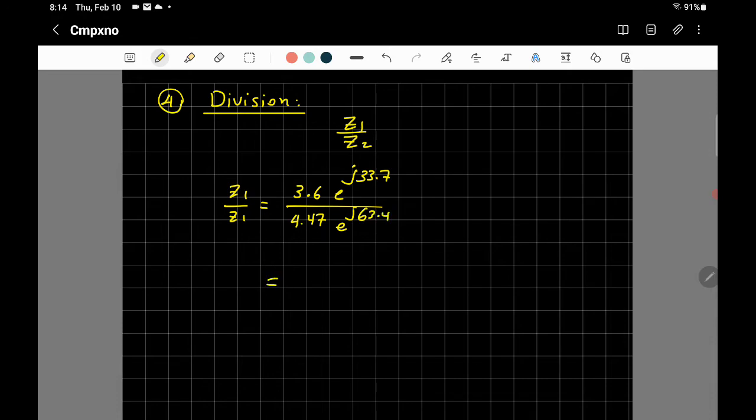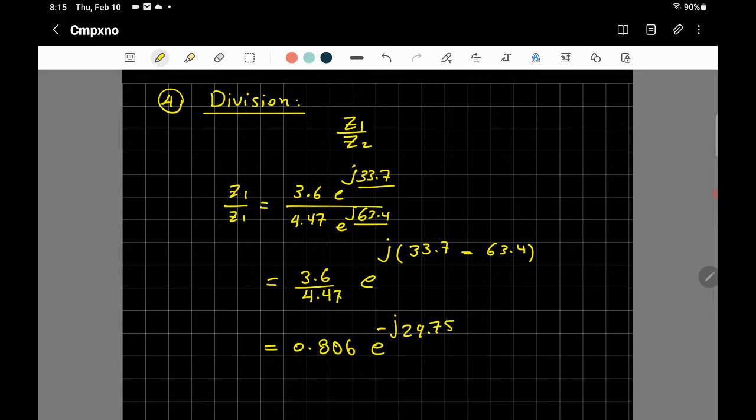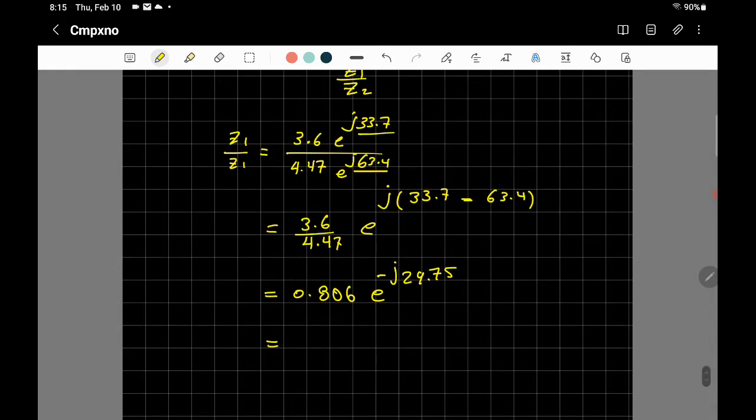So when you divide, the magnitude of each, 3.6 divided by 4.47, and then you write e to the power of j, the top angle, 33.7, minus the angle on the bottom, 63.4. So what we get is 0.806 e to the power of minus j 29.75. And if you wish to convert it to rectangular form, it will be equal to 0.7 minus j 0.4.